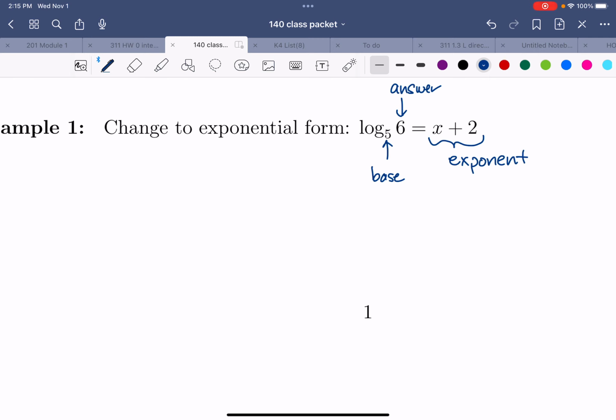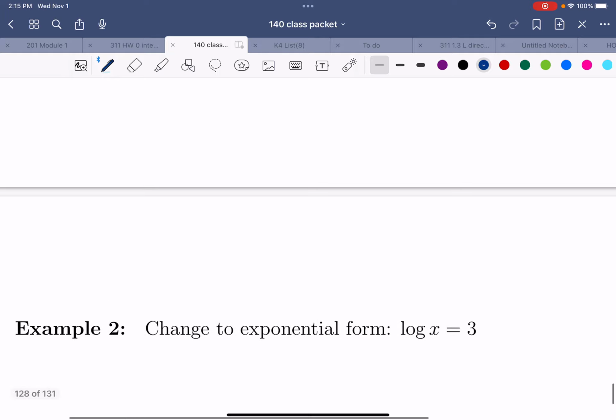So if I'm going to change that, the base is 5, the exponent is x plus 2, and the answer is 6. Okay. Now, I don't want to actually solve this and find the x's because that's way too hard for us right now, right? We can't actually do that because the only way we could do that is if the bases were the same. So all we want to do is change it till it looks like the exponential form.